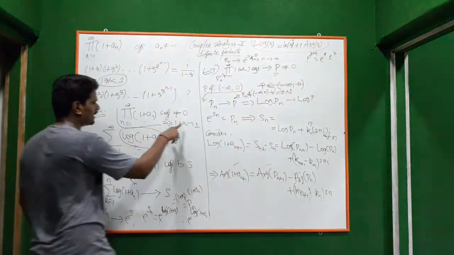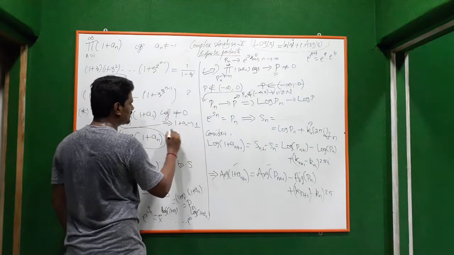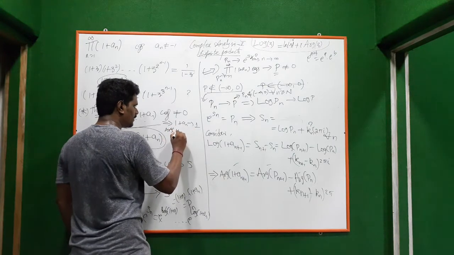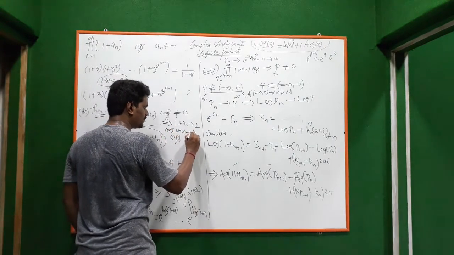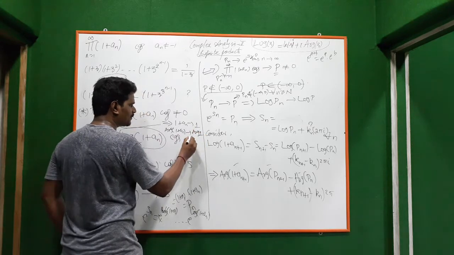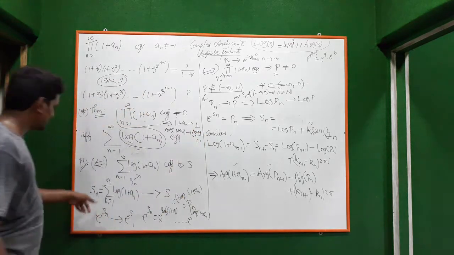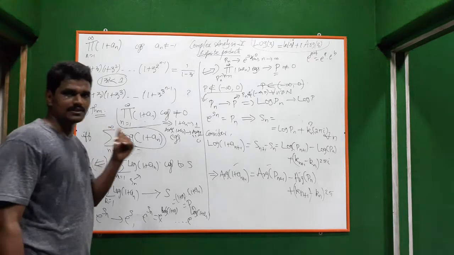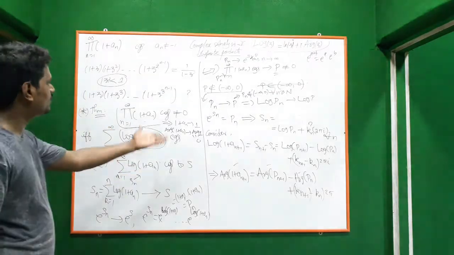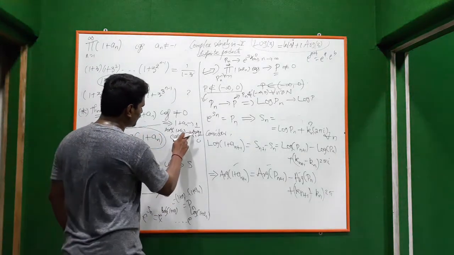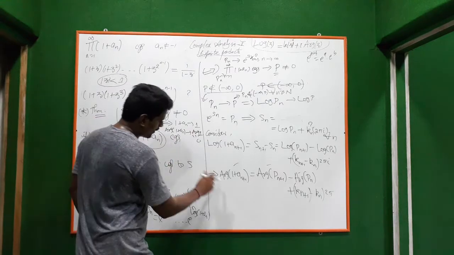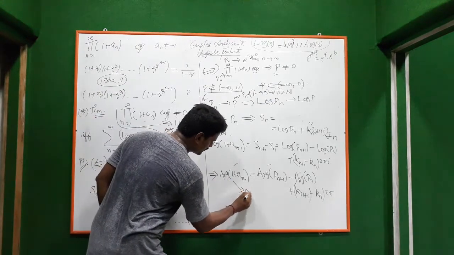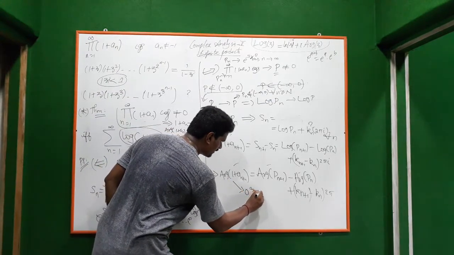That means argument of (1 + a_n) converges to argument of 1. Argument of 1 is 0; using tan inverse y by x, this is tan inverse 0, which is 0. So argument of (1 + a_n) converges to 0 as n goes to infinity.